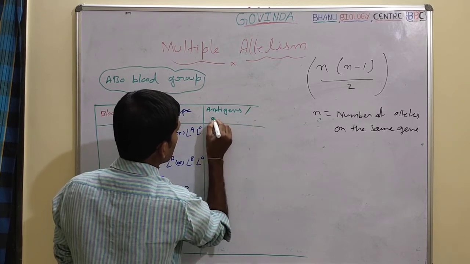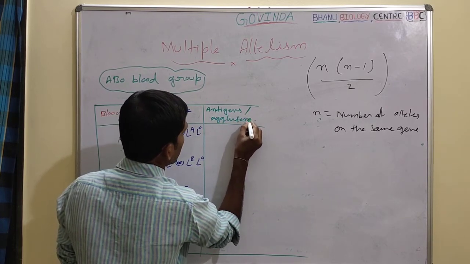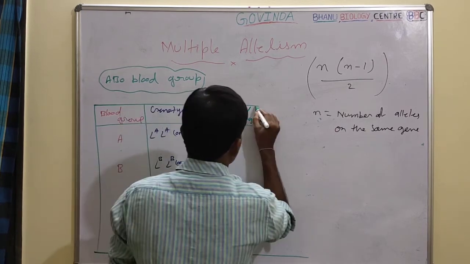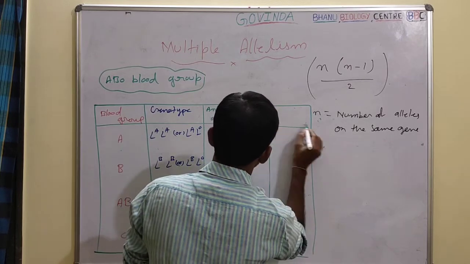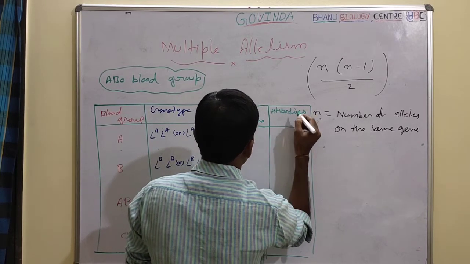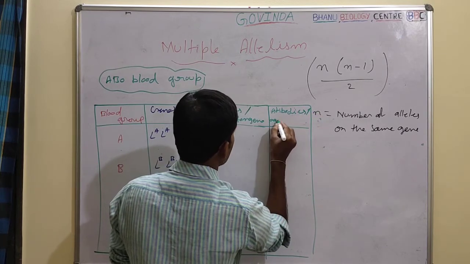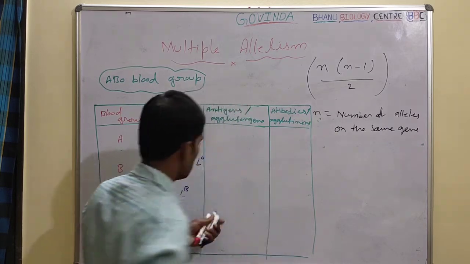In another column I take antibodies, also called agglutinins.